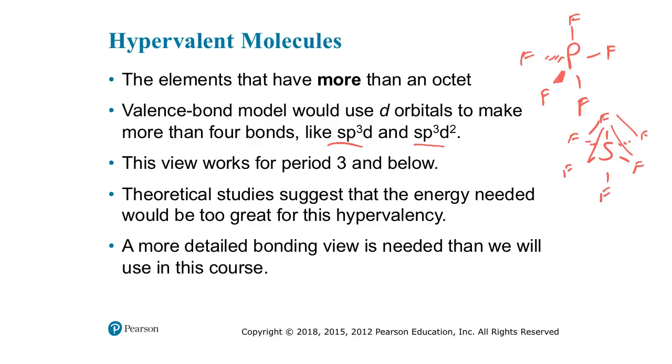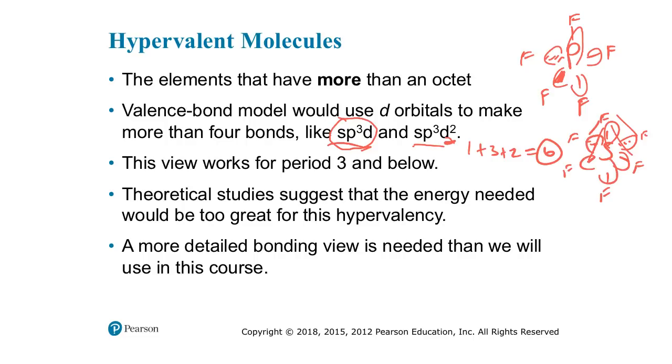So we have 5 substituents on phosphorus. Now, some books used to talk about how that phosphorus could be said to be sp3d hybridized. We're going to take one of the 3d orbitals and mix it in. And so we're just going to get orbitals pointing in the direction of the trigonal bipyramidal structure. And then for the sulfur, we could take a second d orbital for an sp3d2 hybridization. So that's going to give us 1 plus 3 plus 2, so that's 6 orbitals, all pointing in the direction of an octahedral structure.